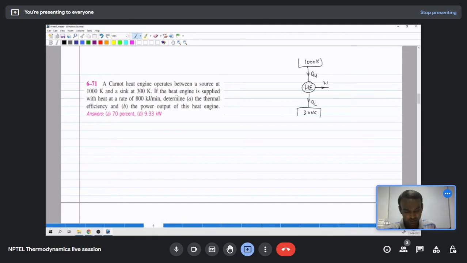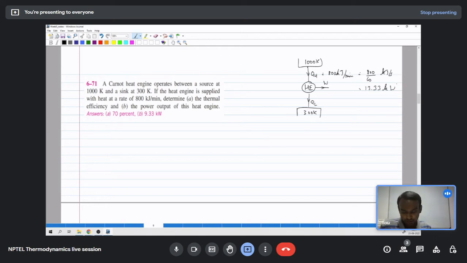Now the heat supplied is 800 kilojoule per minute. So this is 800 by 60 kilojoule per second. And this is 13.33 kilowatts.